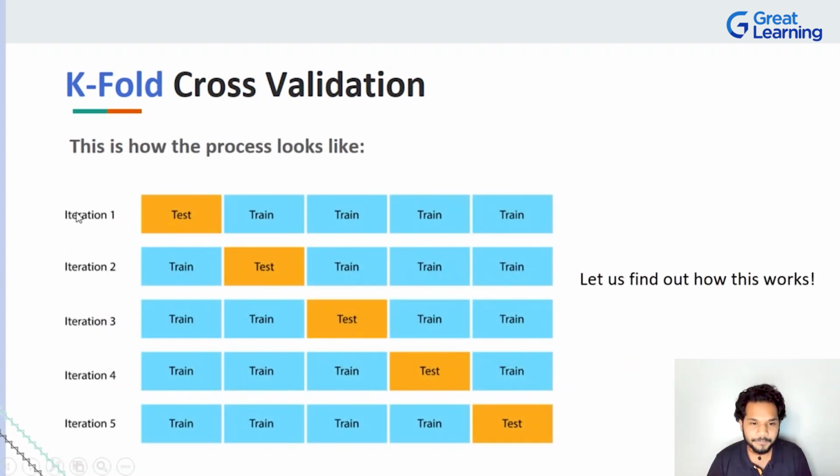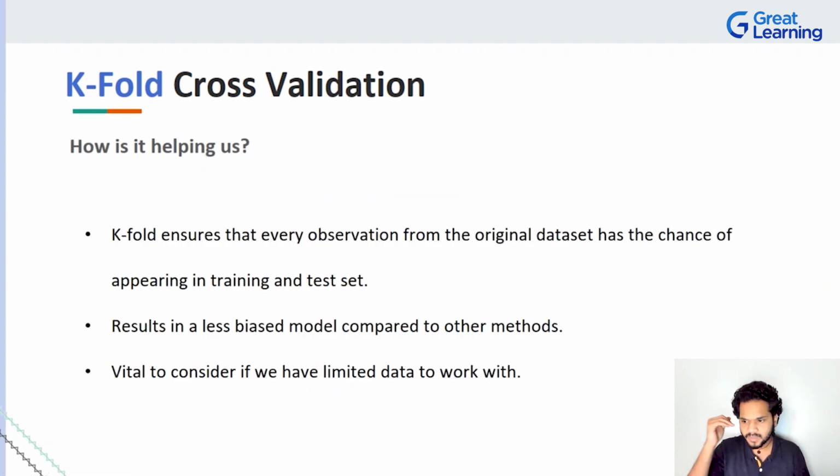Look at this. We're just going to make 1, 2, 3, 4, 5. This is a 5-fold cross validation. In this particular case, we're going to be training on 4 chunks for each iteration. And even though k is 5 here, we're going to be training on k minus 1.